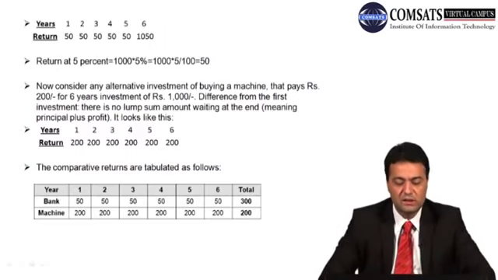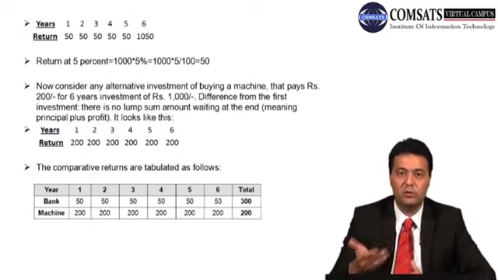The calculation is as follows. You can see the table. I've tried to make it as simple as possible, that the first year 50 rupees, second year 50 rupees, and that's the profit. The 5% profit on 1000 rupees, third year 50, 4th year 50, fifth year 50, sixth year it's principal plus the profit, that is 1000 rupees plus 50, which is 1050 rupees.